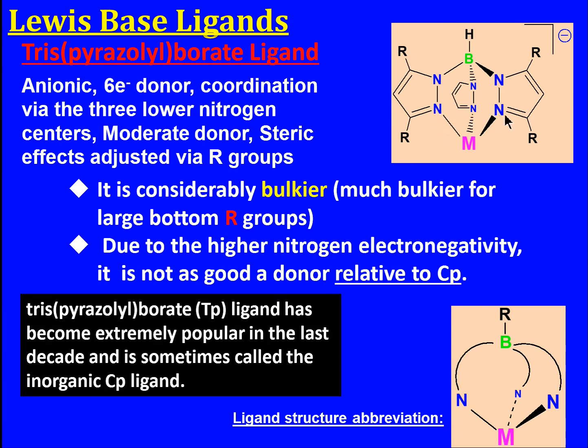Due to the higher nitrogen electronegativity, Tp- is not considered as good a donor as the Cp ligand. When Tp- is bound to M, it looks like a tripod structure. The Tp- ligand has become extremely popular in the last decade and is sometimes called the inorganic Cp ligand.